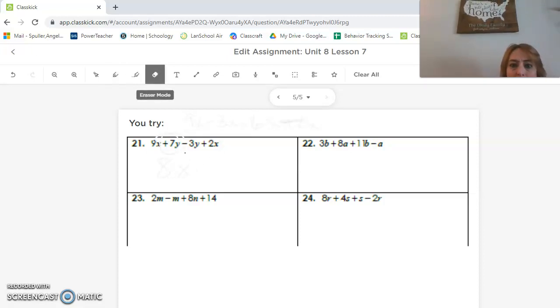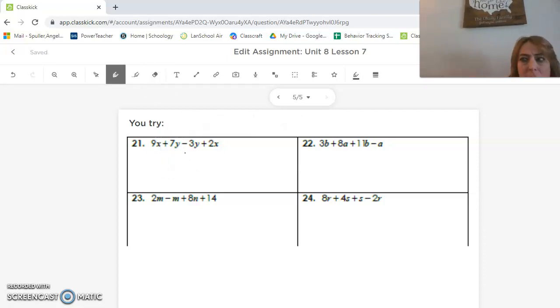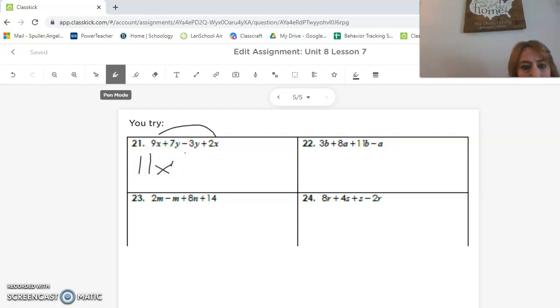She wasn't looking at her screen very well. Let's try that one again. 9x plus 2x gives me 11x. For some reason, I thought that was an x next to the 3, but it wasn't. It was y. So 9x plus, now we have 7y minus 3y is 4y.